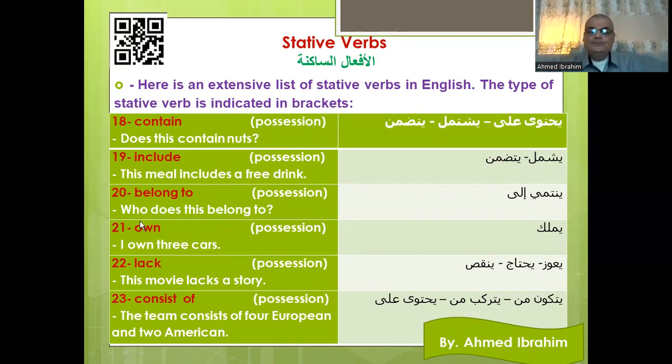Belong to. Who does this belong to? Own. I own 3 cars. Lack. This movie lacks a story. Consist of. The team consisted of 4 European and 2 American.